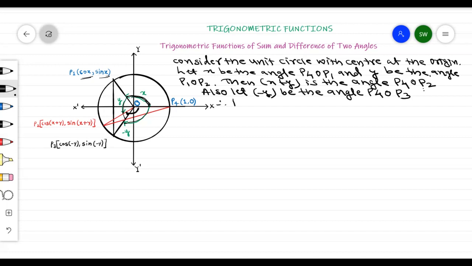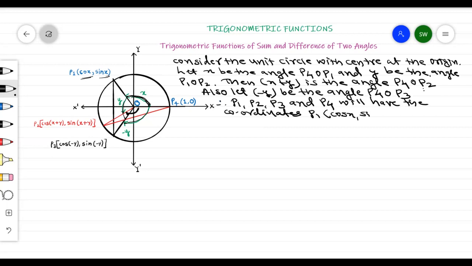Therefore, P1, P2, P3 and P4 will have the coordinates: P1 will be cos x, sin x.